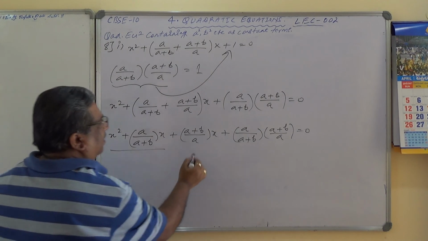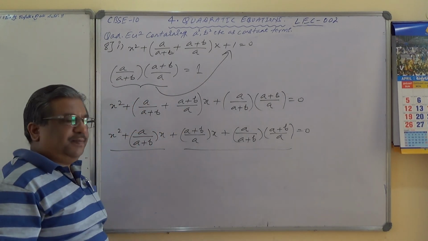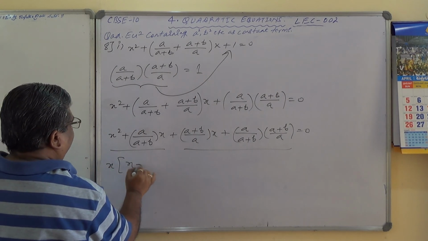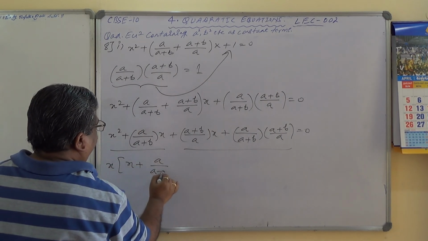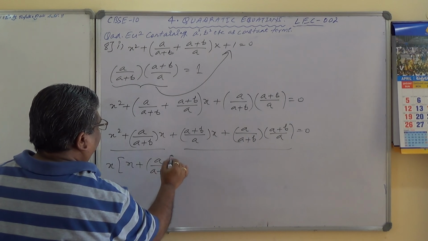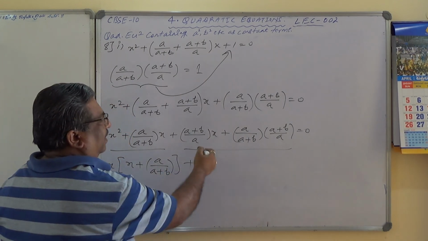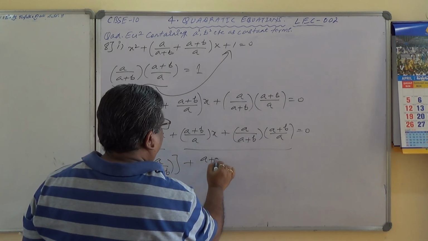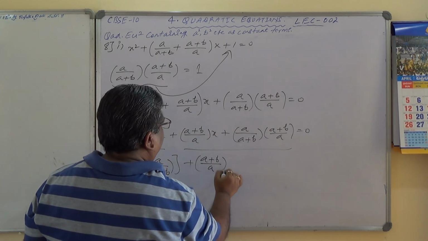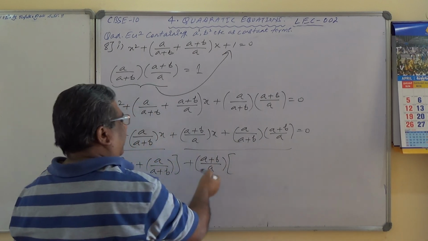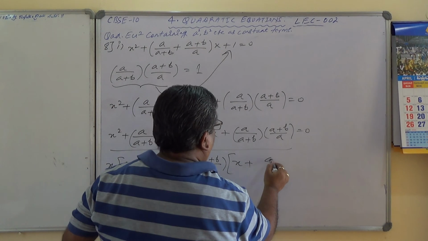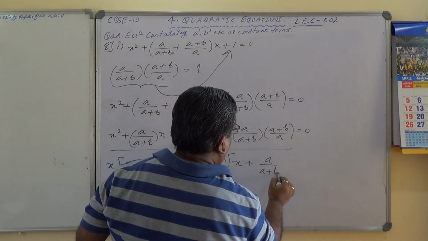Take common here, take common here. Your job is done. What is common here? X into bracket x plus a divided by a plus b, plus what is common out of these two? A plus b by a is common. So x here plus a plus b by a is common, a divided by a plus b.